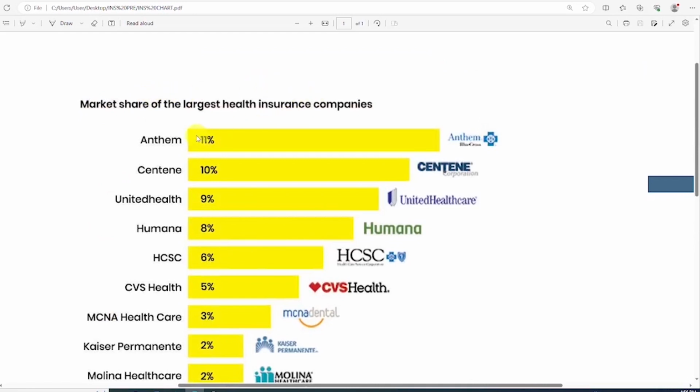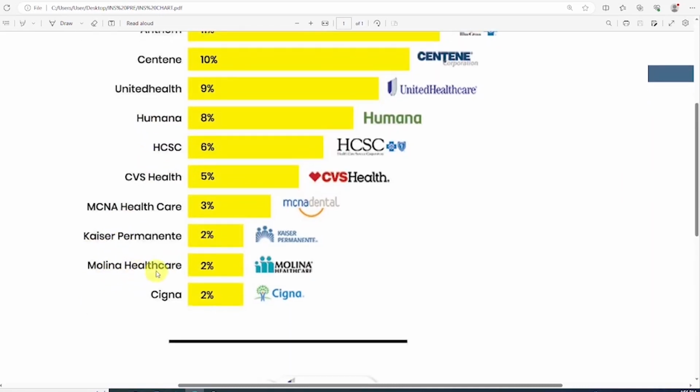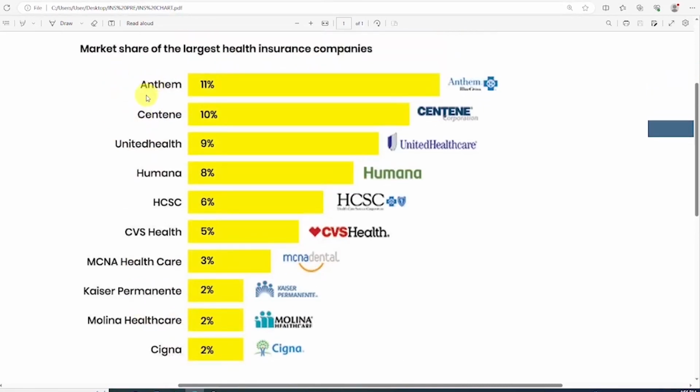Here we have Anthem, 11%, Centene, 10%, United Healthcare, 9%, Humana, CVS, Kaiser, Molina Healthcare, Cigna. A lot of these might not be based on the region or the part of the states that you are in. Anthem is big here in the New England area.